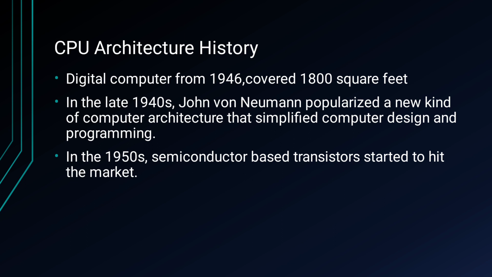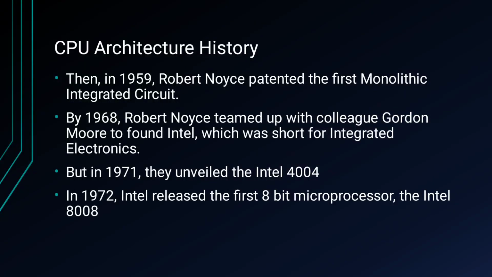In the 1950s, semiconductor-based transistors started to hit the market. Then, in 1959, Robert Noyce patented the first monolithic integrated circuit. By 1968, Robert Noyce teamed up with colleague Gordon Moore to found Intel, which was short for Integrated Electronics.